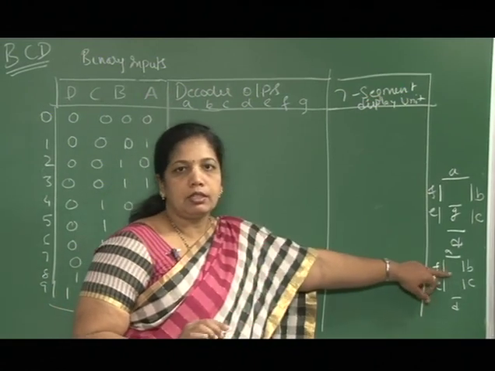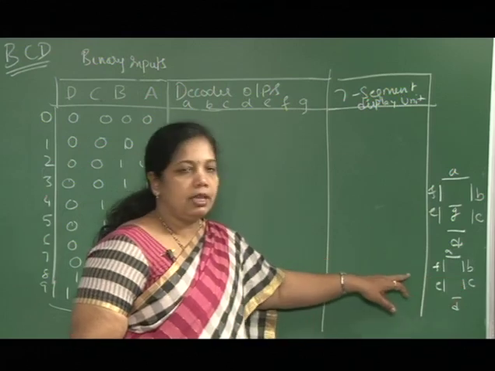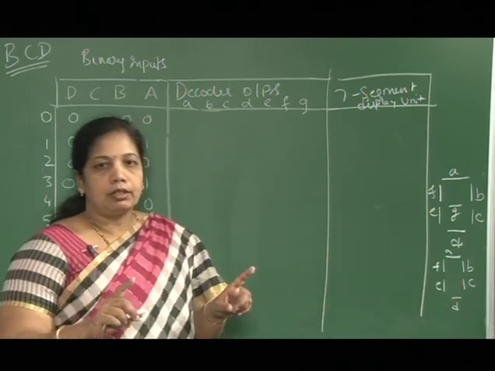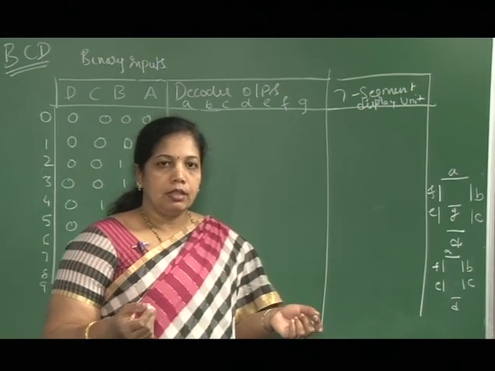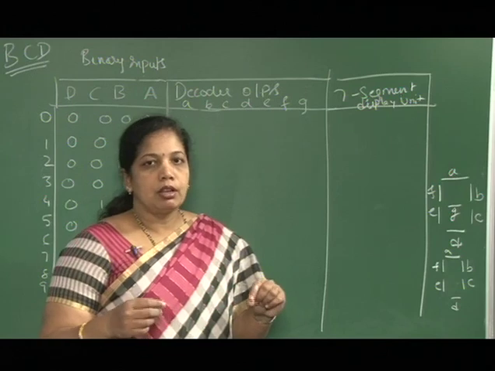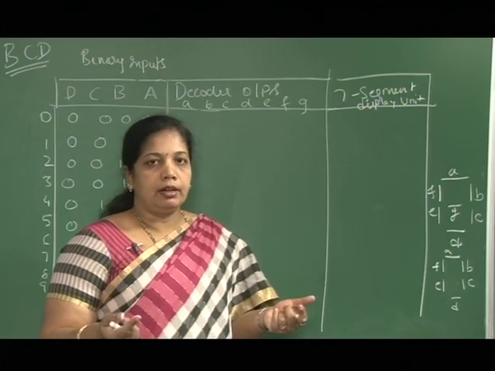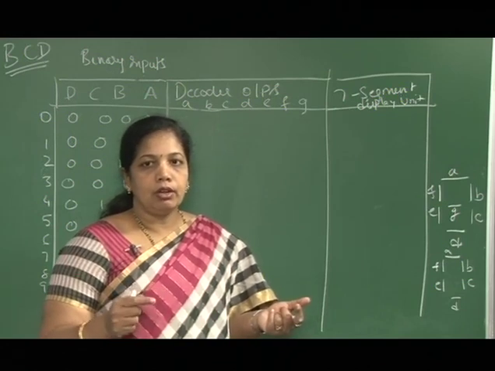This particular segment should be off. So I should see only A, B, C, D, E, F to get the 0 pattern. Segment on means it is logic 1, and segment off means it is logic 0. To get a desired pattern, I should make the required segments on and the rest I should make off.